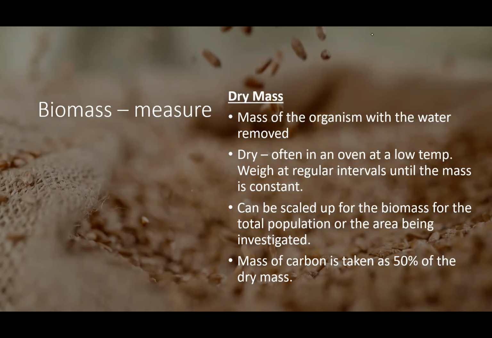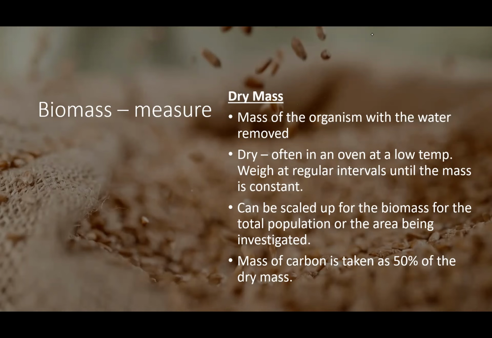The water content inside a living tissue really varies. So we use its dry mass as a measure of biomass rather than wet mass, because obviously the water doesn't contribute to this chemical energy stored in the plant, so it doesn't make up part of the biomass of the plant.